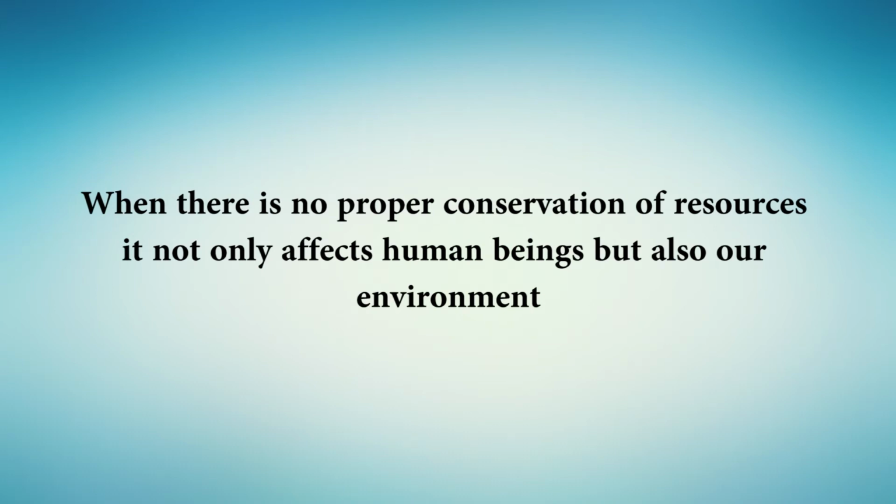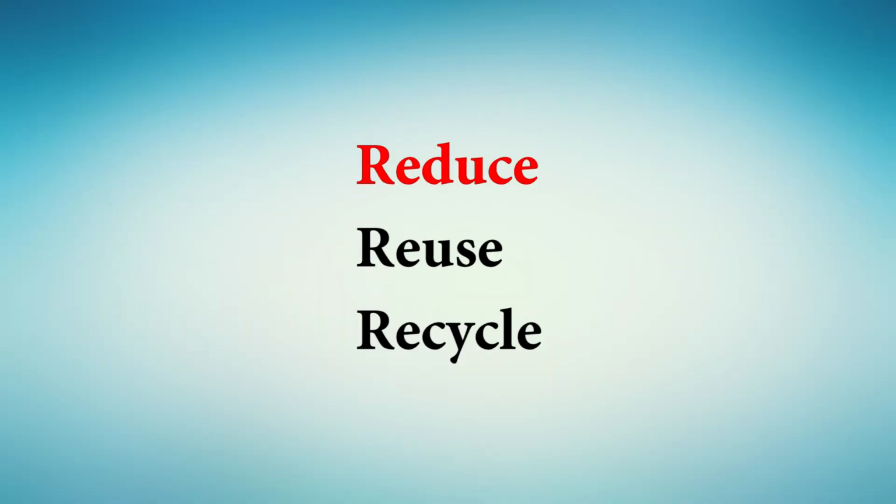When there is no proper conservation of resources, it not only affects human beings but also our environment. To save our environment, we should follow the principle of 3 R's. They are reduce, reuse, and recycle. These 3 R's is a magical principle which could make our lives happier.